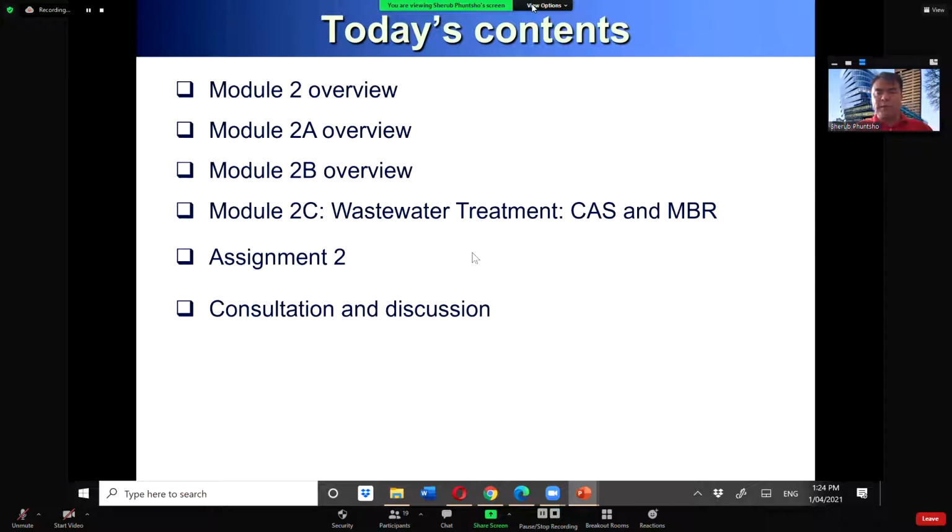Depending on how we proceed, we may go beyond 4 p.m. today, and if you have any more questions, I'm happy to answer. Later on we will have a live consultation session after 2 weeks, and I'm also happy to organize face-to-face drop-in sessions where you can come to my office anytime and ask any questions related to the assignments.